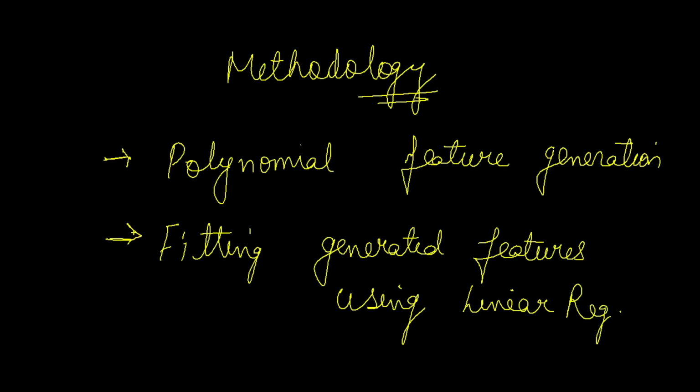Now, in the first step of polynomial feature generation, we will have to generate the second order or third order polynomial features. We are going to generate second, third, or as per the requirement, maybe fourth order polynomial features from the given data set.